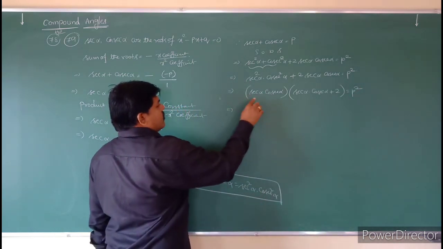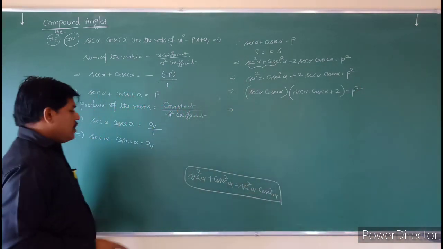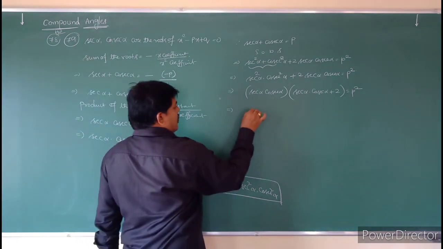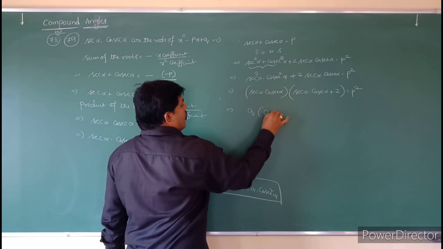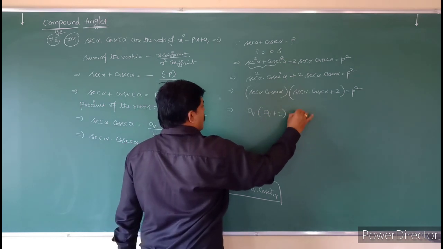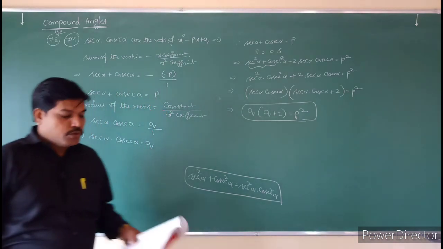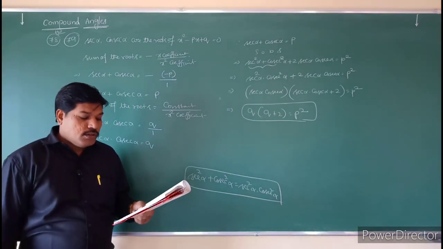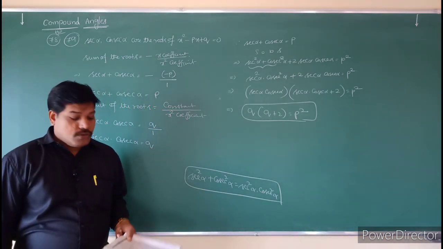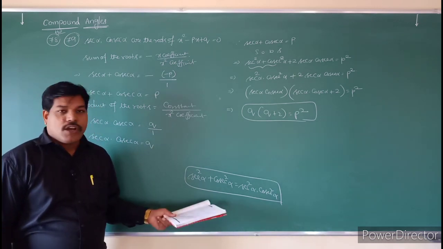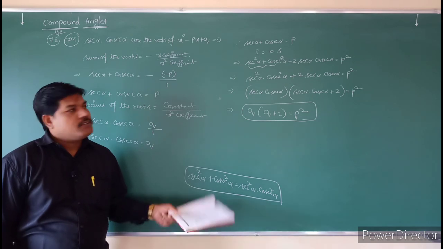What is the value of secant alpha into cosecant alpha? It is q. So it becomes q into q plus 2 is equal to p square. What is the option? The option is nothing but A 2. If you know this formula, it is easy to get the answer.